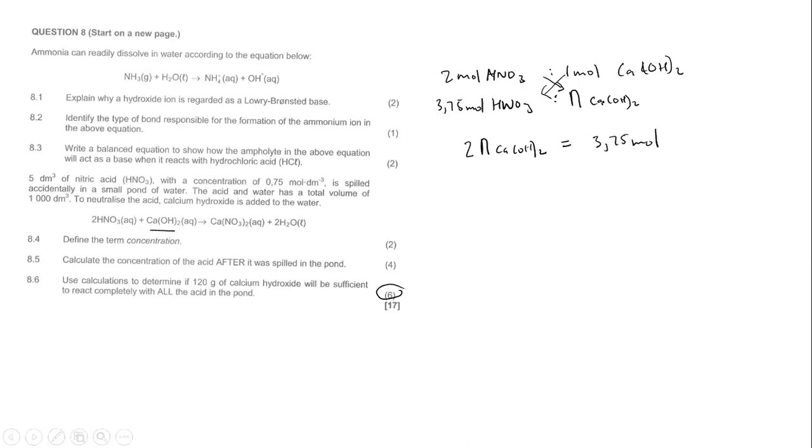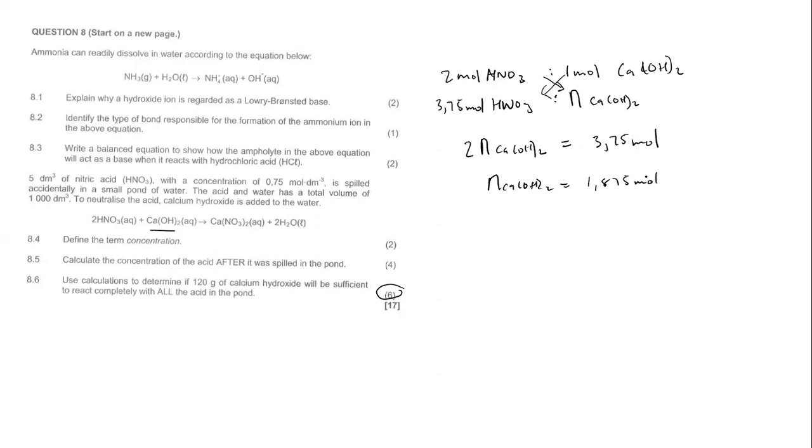Therefore we divide by 2. So 3.75 divided by 2, on my calculator, I get the number of moles of calcium hydroxide to be 1.875 moles.